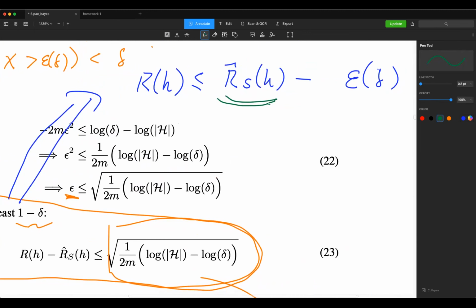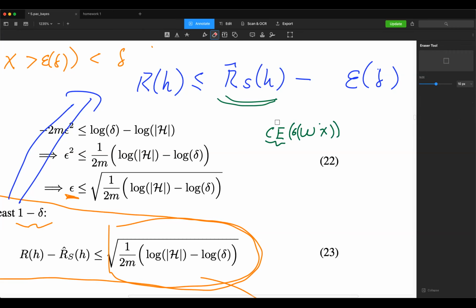Can anyone give me an example of how you train your model with your empirical risk? Remember your cross entropy, right? You have the cross entropy of your model and your X.